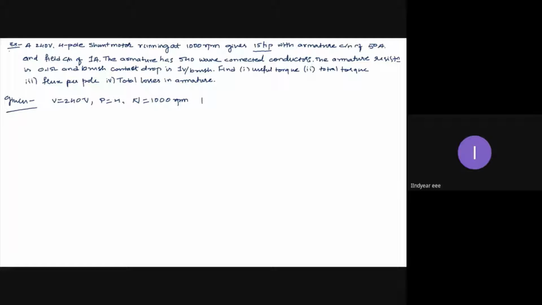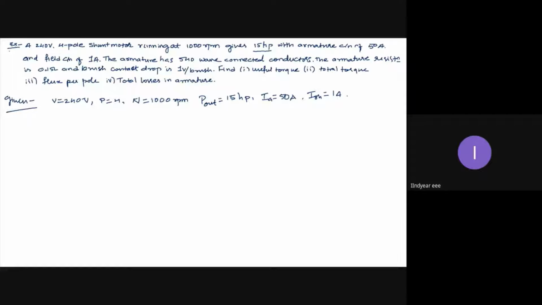P out is equals to 15 HP. We'll write as it is first. Later we'll say the conversion. Armature current IA is equals to 50 amps. Field current ISH 1 amps.